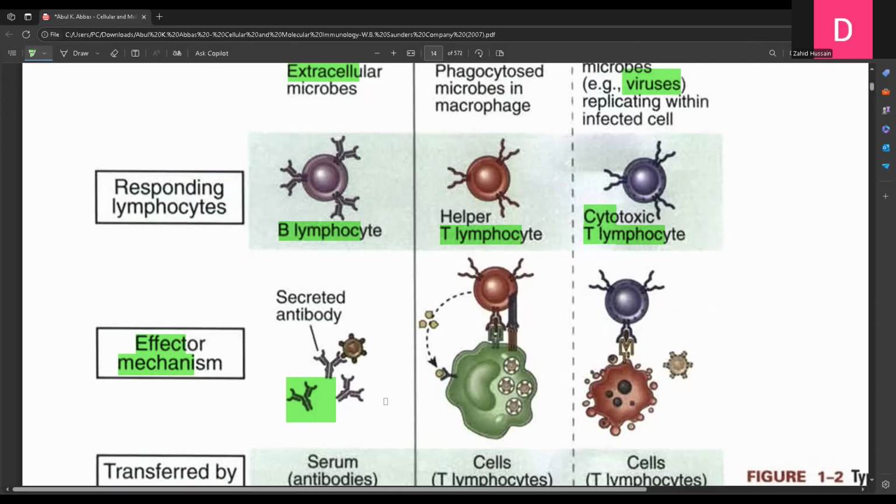With the help of their Fc part, the antibodies inform macrophages about the presence of microbes.